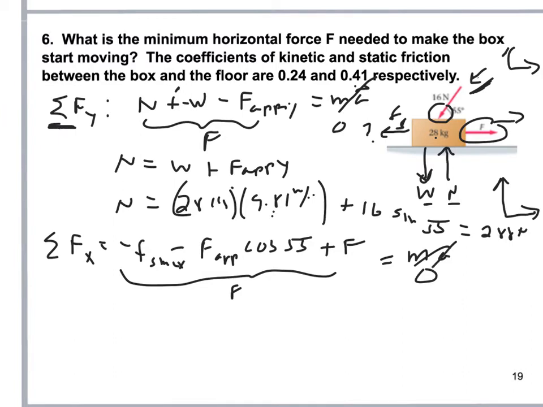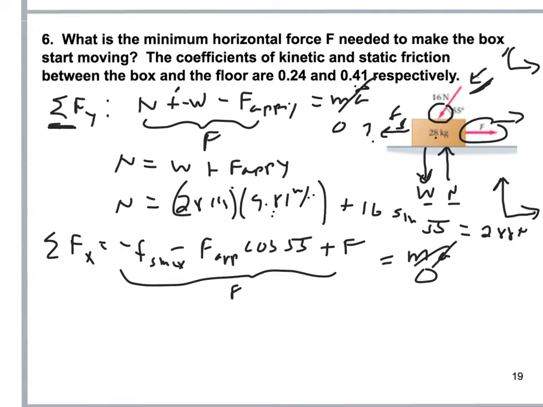So both initially at rest. So now we can solve for the force, or I'm sorry, it says what is the minimum horizontal force needed to make the box start moving. So we can substitute our f sub s max in, and we know what that equation is.